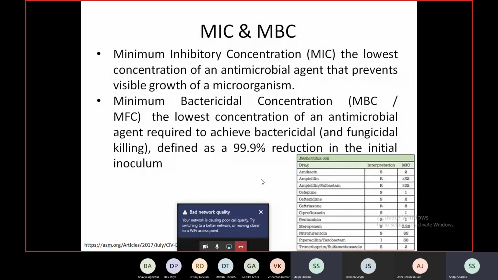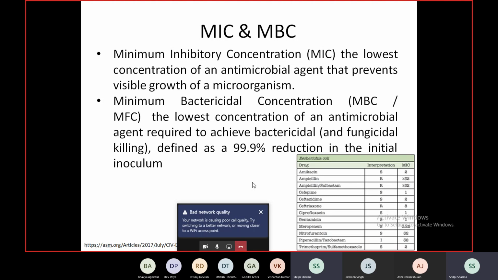The report presents a table which helps the physician determine the antibiotic to be administered. If you see, there's an S/R which says if it's sensitive or resistant, and the MIC value, that is the lowest concentration at which it would inhibit the particular microorganism.